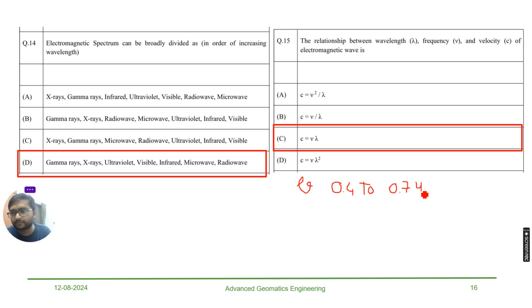This is the wavelength of the visible spectrum, which we just learned. Now you have to find the associated frequency. The lower limit will be 7.5 into 10 to the power 14. How will you approach it? You will put the formula C is equal to V into lambda, then put the value of lambda one by one. The value of C will be 3 into 10 to the power 8.